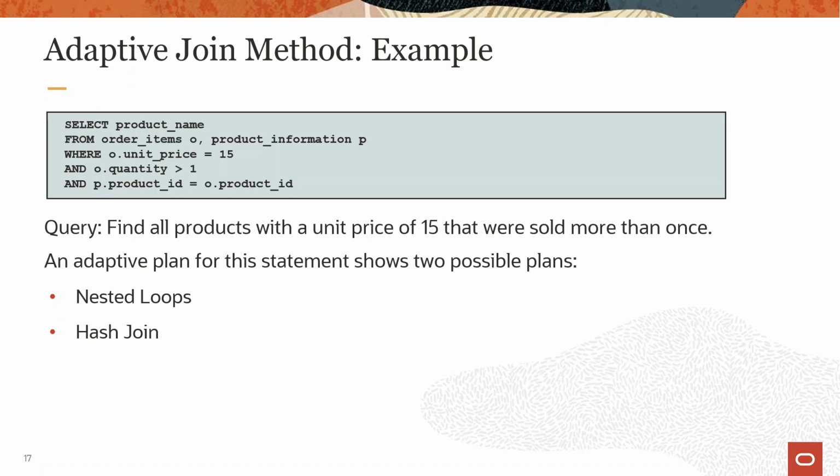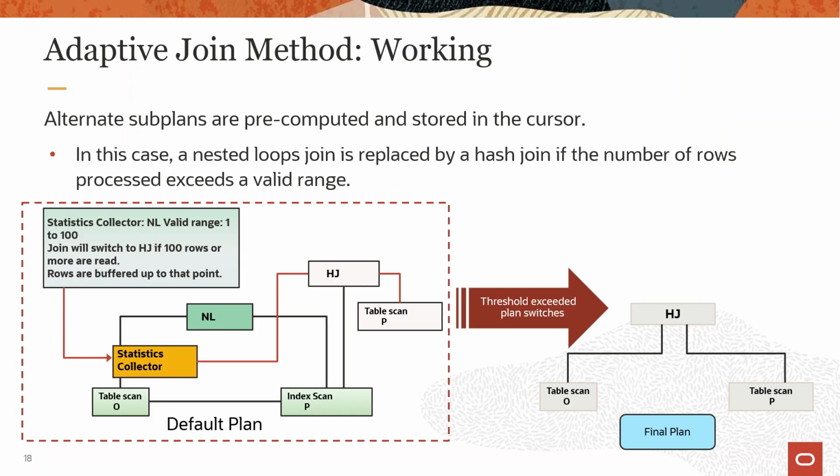It says we can use a nested loop, or we can perform the join via the hash join method. Based upon the statistics that it has, the optimizer thinks the nested loop is the best way of performing this join.